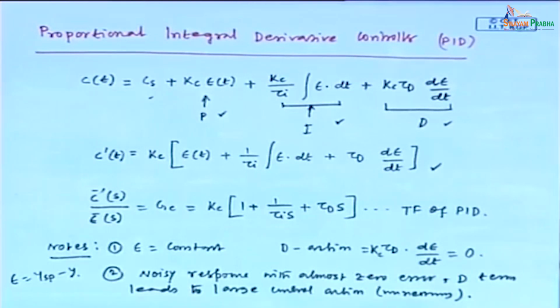Fine. You can say these two are drawbacks of PID controller. When error is constant, there is no action from derivative action, and when there is noisy error, the derivative action is unnecessarily large.